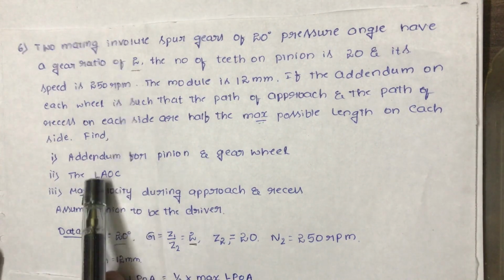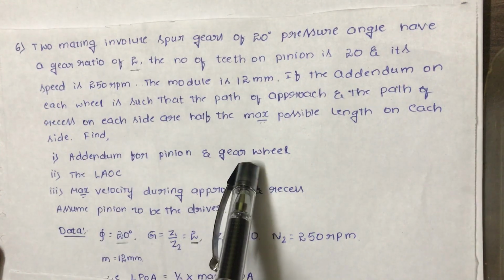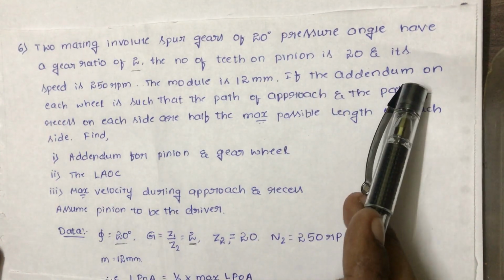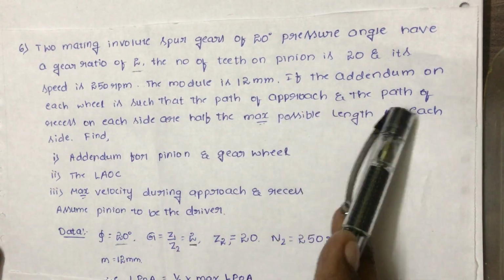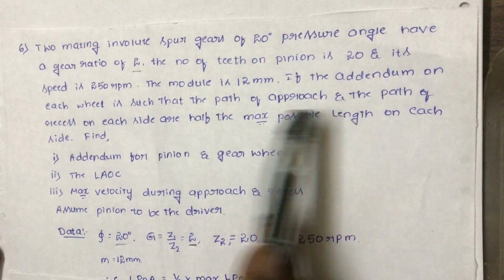So he is asking to find out the addendum of the gear. To find this addendum, he is giving some more information, that is, if the addendum on each wheel is such that the path of approach and the path of recess on each side are half the maximum possible length on each side.